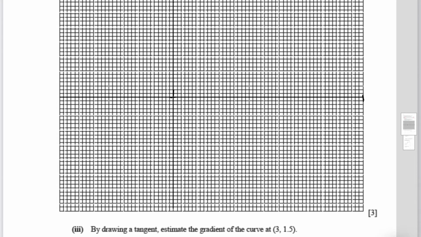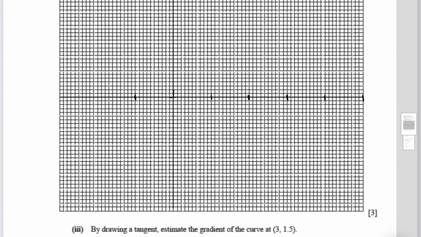So 1, 2, 3, 4, 5, 6, 7, 8, 9, 10. This is one point. Another point over here, another point here, and so on, counting ten small divisions each time.